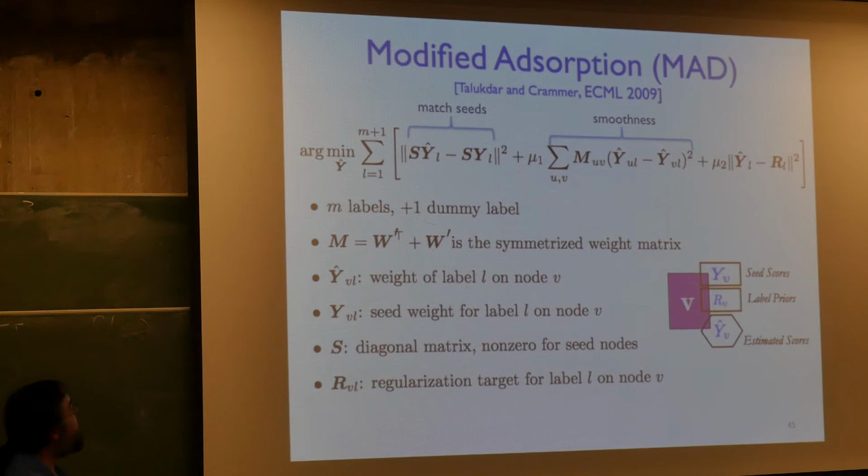And this is basically the optimization that Partha looked at. It's a generalization of the harmonic function. It has the same smoothness property, but it has a soft match instead of a hard match on the seeds, and of course you can weight that up and down with these parameters. It also includes a prior over labels.